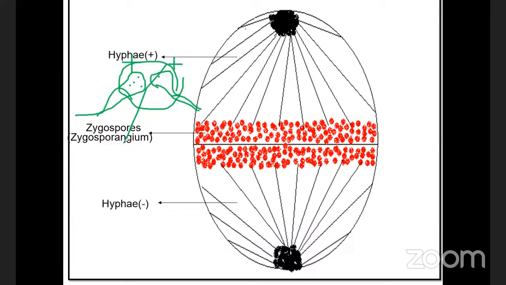In the heterothallic fungi, it is not happening automatically. In zygospore formation, two opposite strains, plus strain nucleus and minus strain nucleus, come together and form the fertilization.